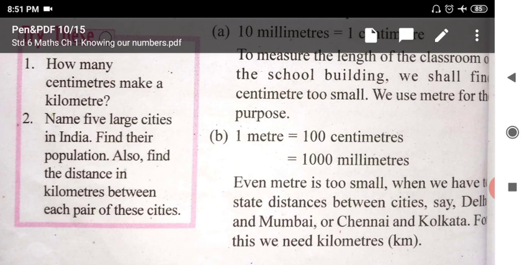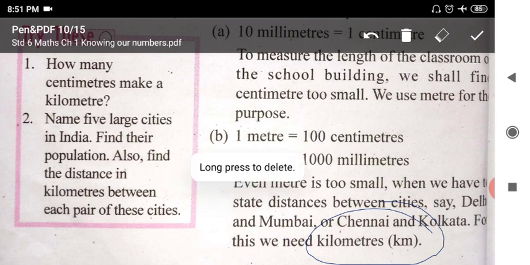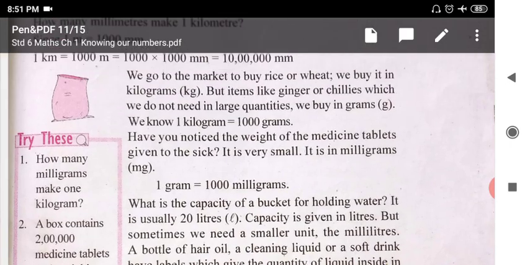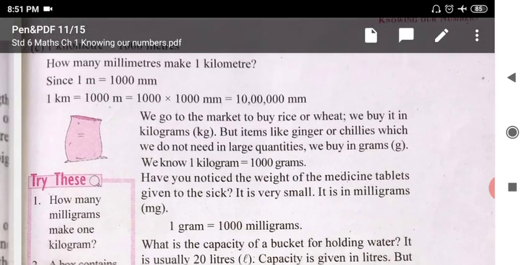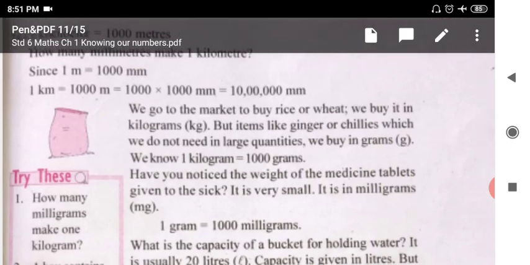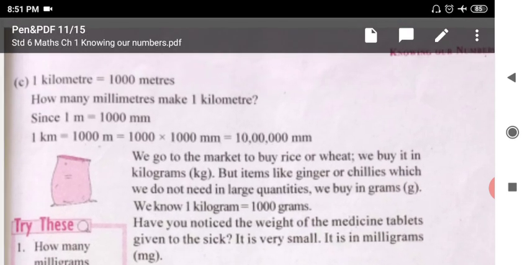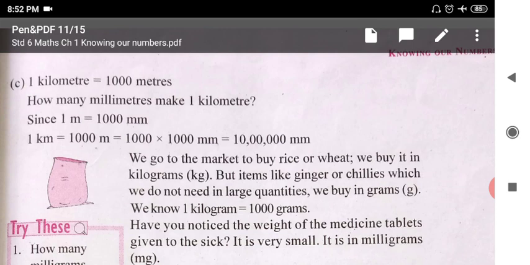So we use kilometers. And you have studied in your earlier class, 1 kilometer means 1000 meters. When it becomes 1000 meters, we say it's 1 kilometer.